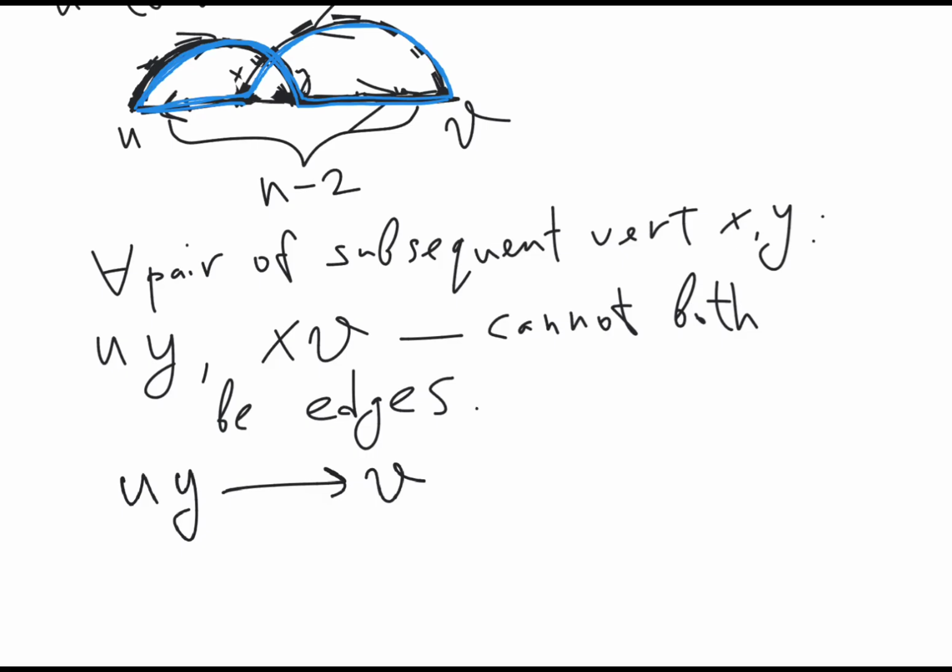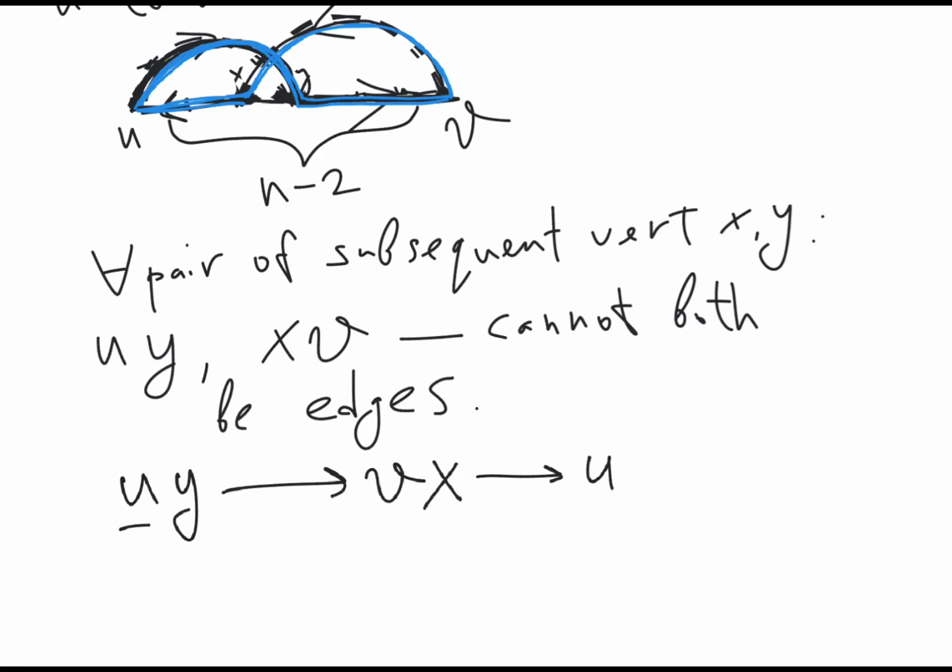Right, so first we go by single edge from u to y, then from y to v by a chain, then from v to x by single edge, and then by a chain from x to u.